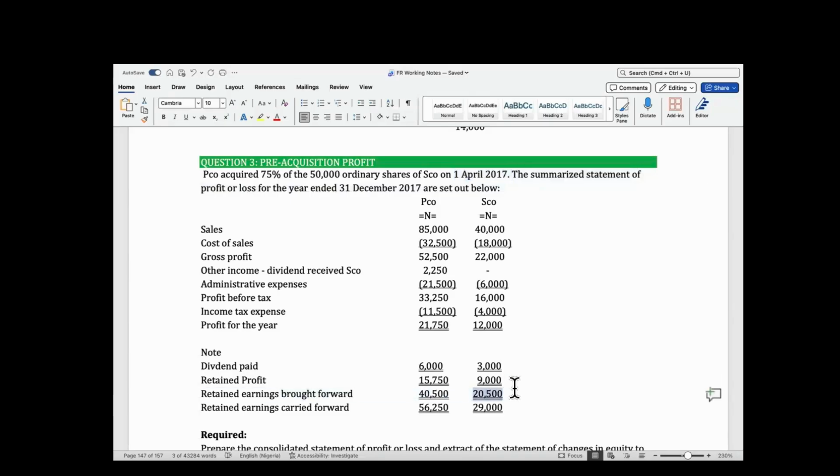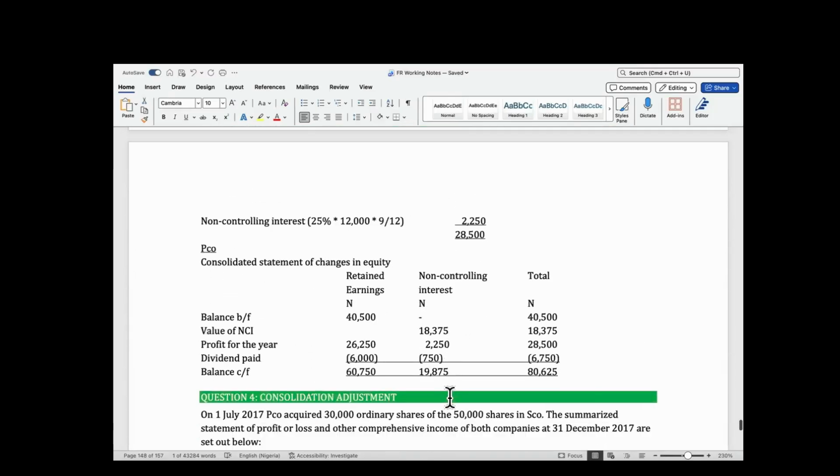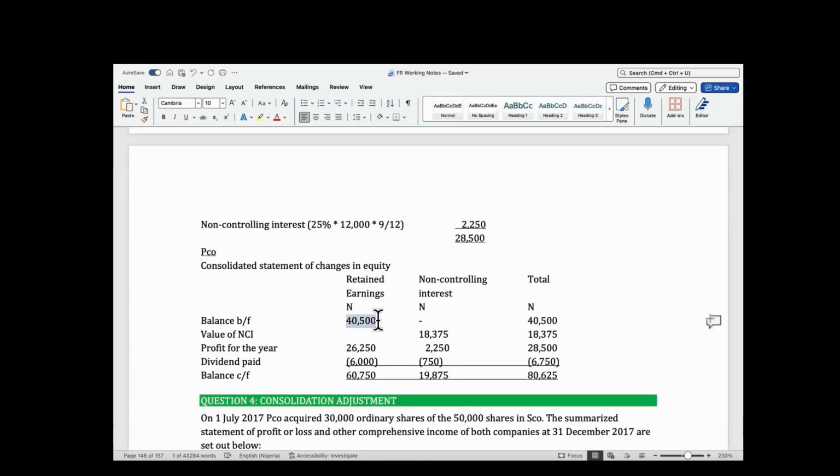And this retained earnings is as at 1st of January 2017 or 31st December 2016. It is a pre-acquisition retained earnings. We don't have a share there. So the only one we can have is our own retained earnings, which I will take to my consolidated retained earnings, and that's 40,500, which I extend it here.